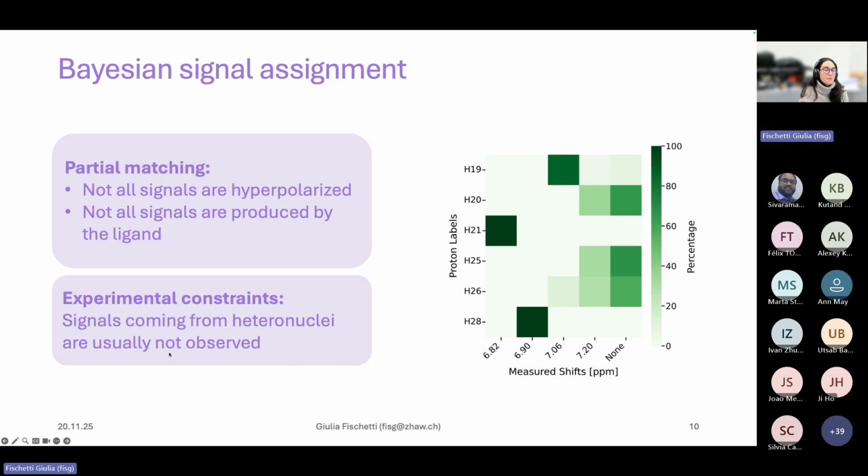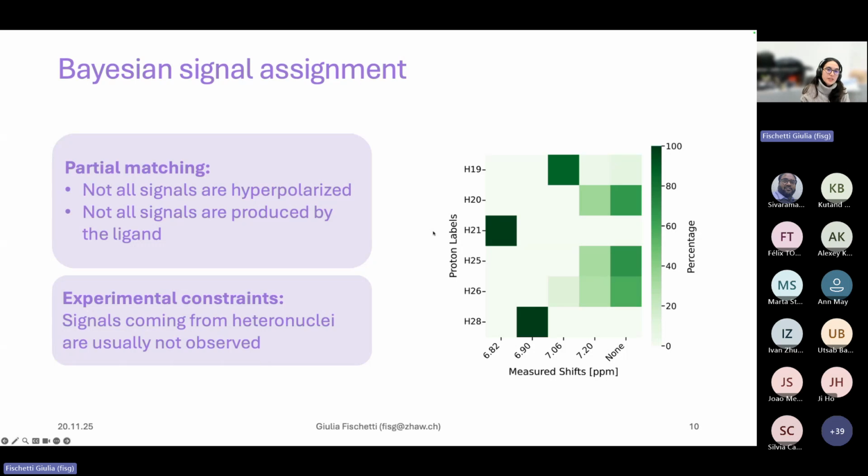And also with the Bayesian framework, we can impose some interesting constraints. For example, we know that usually the signals coming from hydrogens bound to heteronuclei are not usually observed, so we can tune the probability to include this kind of constraint.